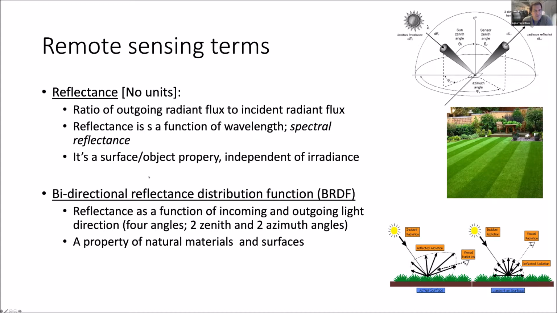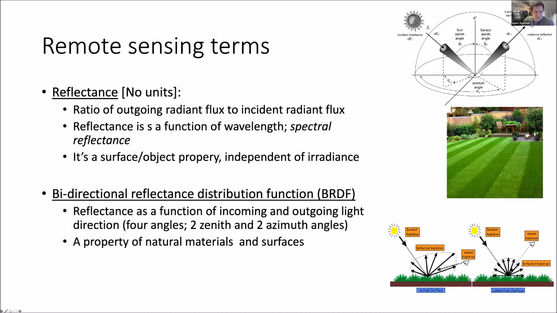But then there are properties of natural materials that make the light we receive dependent on both the viewing geometry and the illumination geometry, and that is referred to as the bidirectional reflectance distribution function, BRDF.